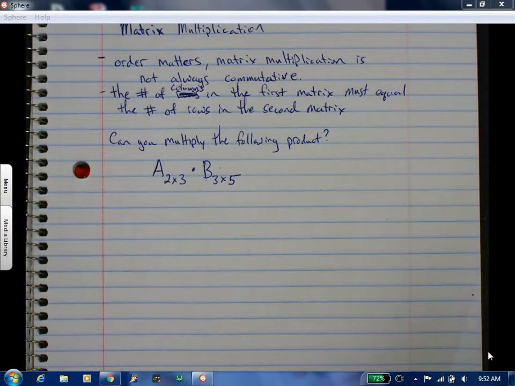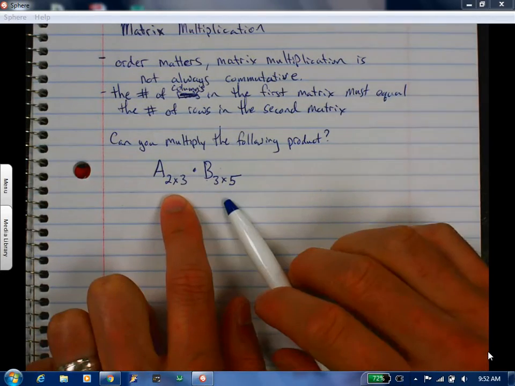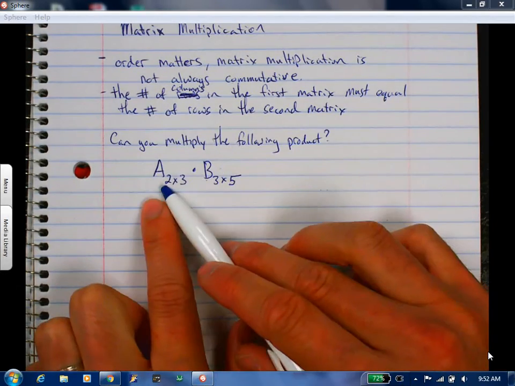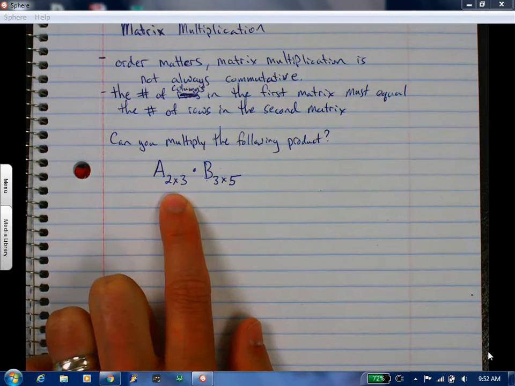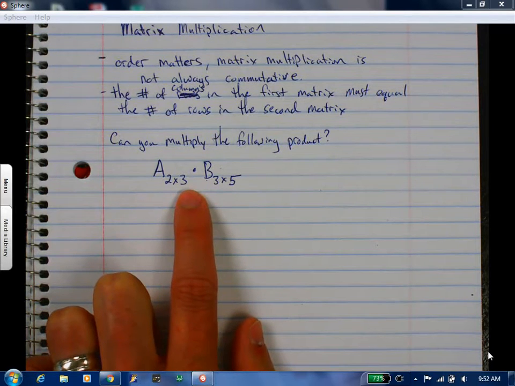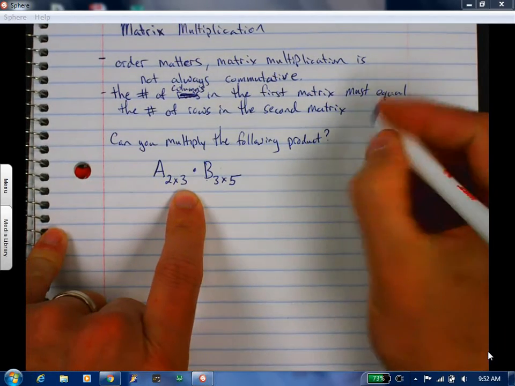So this first one, now it has to be in this order. You don't flip these around. It has to be A first and then B. So how many columns does matrix A have? 3. Remember, it's rows by columns. Okay? It's always written rows by columns.